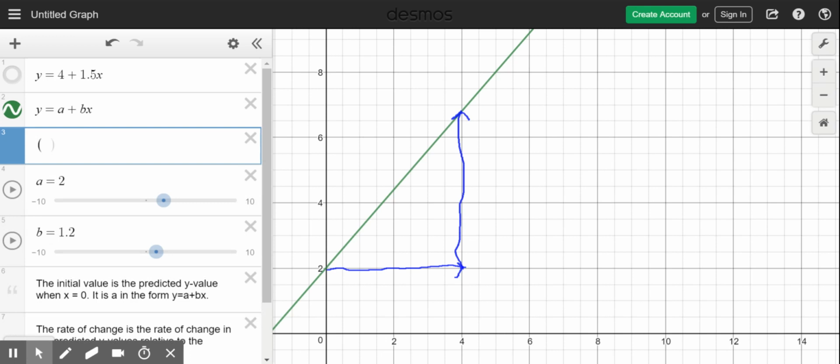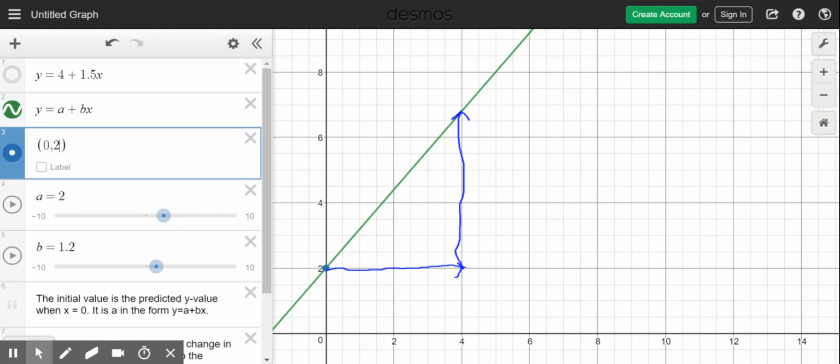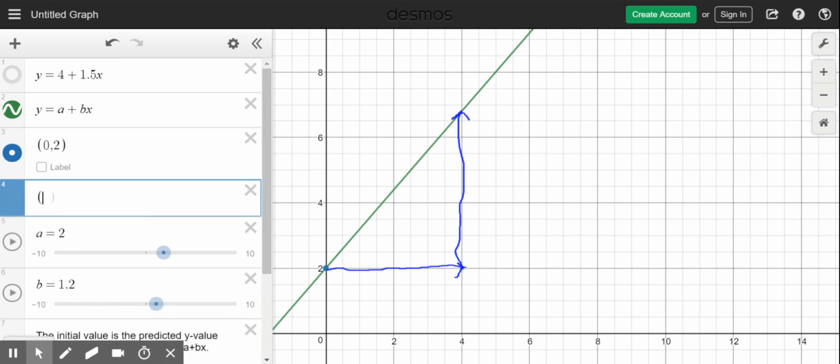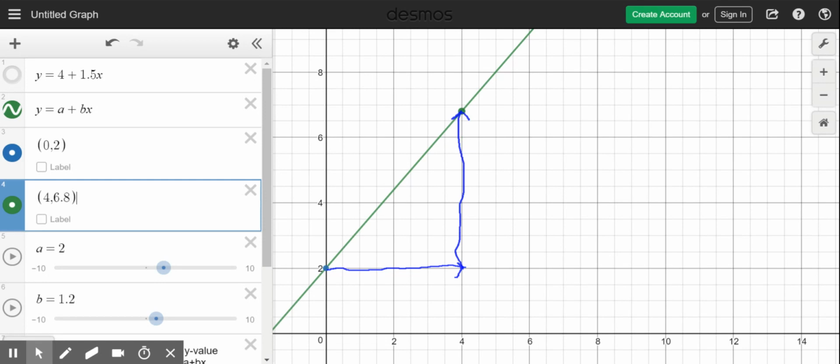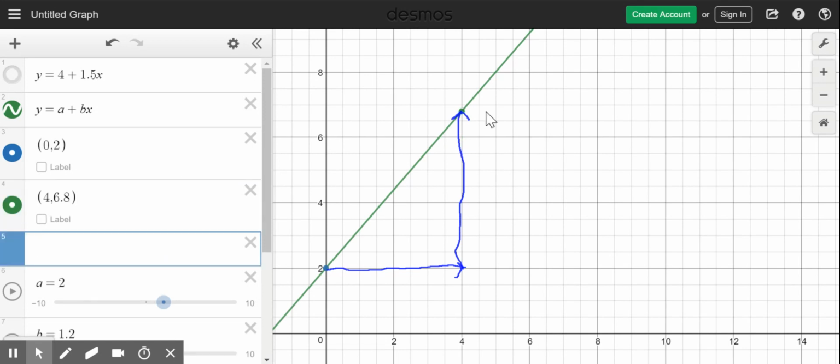So this is at 4, 6.8. You know what? Let me plot the points for you so you can see them. 0, 2, and 4, 6.8. So you can see those 2 points.